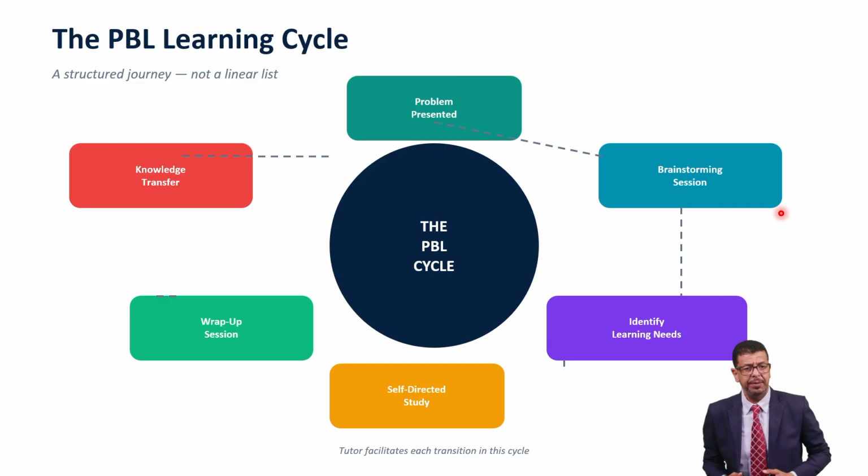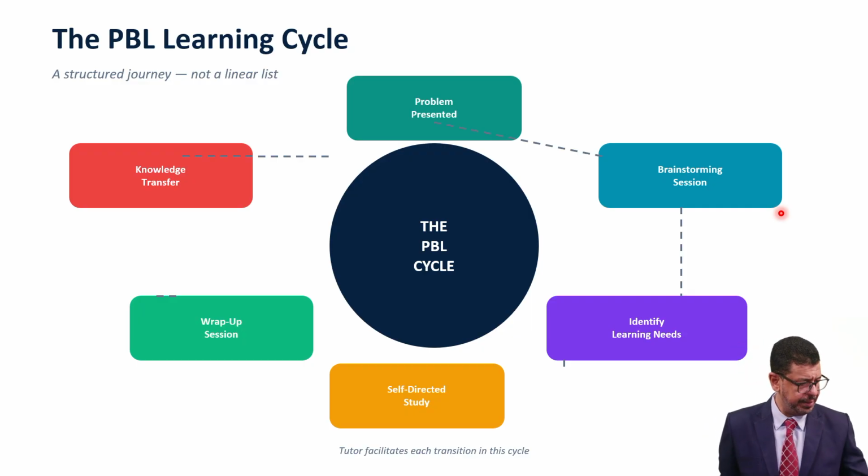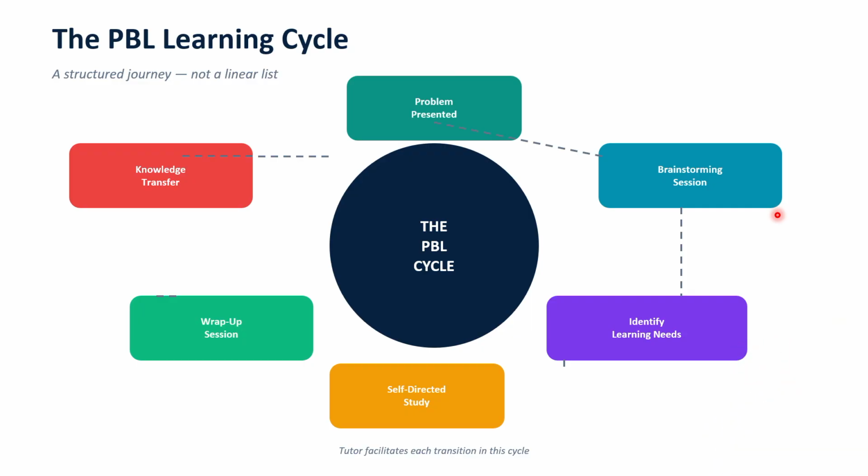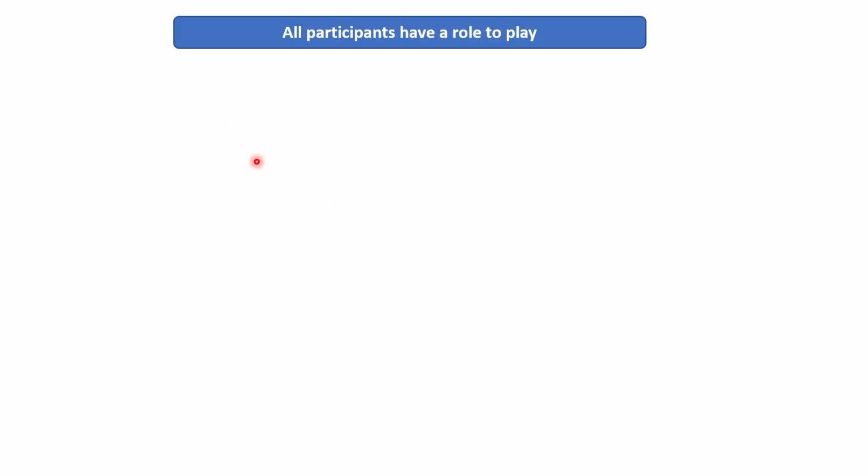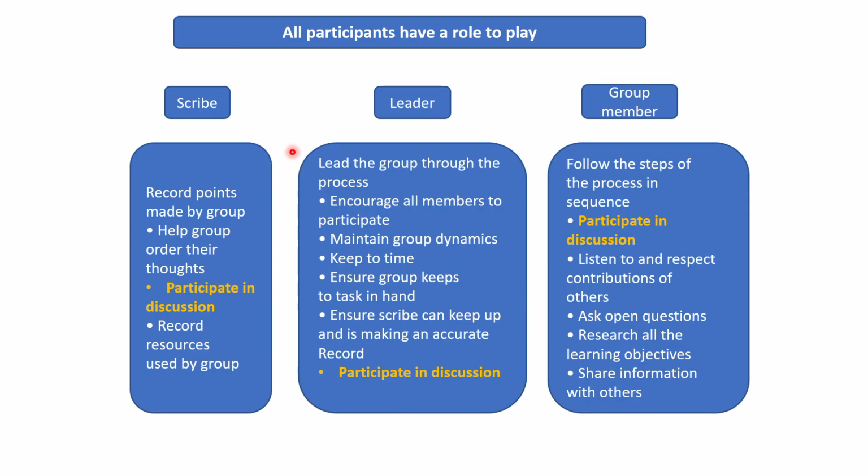So the learning cycle in problem-based learning: we have the problem presented, then brainstorming, then they identify the needs, self-directed learning, then wrap-up sessions which facilitate knowledge transfer. So what is the role of the students, the facilitators and the scribe in problem-based learning?